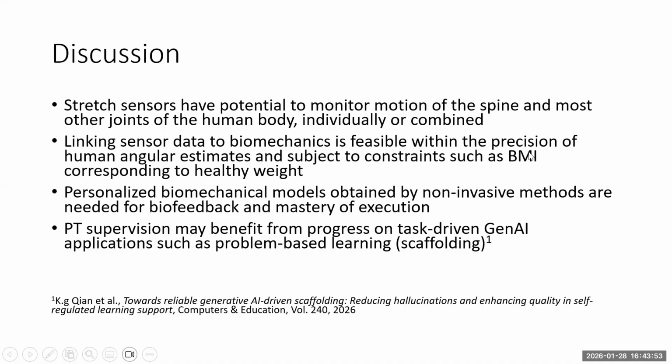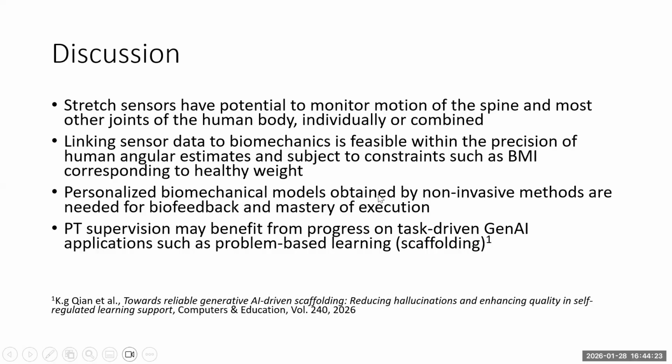So one limitation that was pointed out early on was that the phenotype can be a limitation. So obesity can be a problem. If you have a BMI, body mass index, that doesn't correspond to healthy weight, the measurements on the dorsal surface are not going to be very accurate.